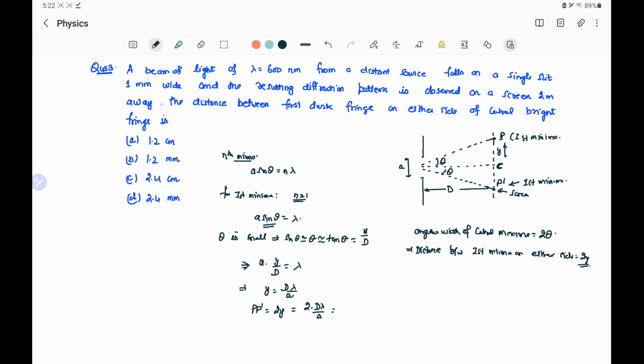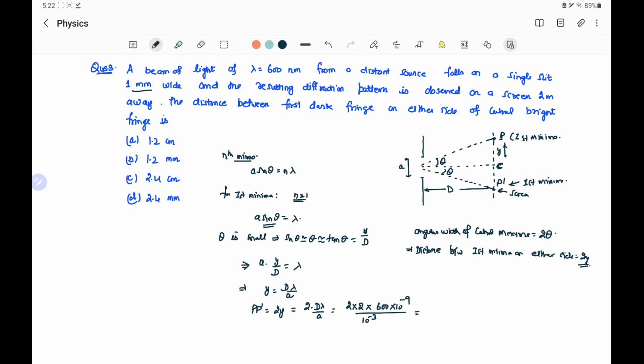Now putting in the numerical values: it is 2 into the distance, which is 2 meter. The answer we require is in centimeter or millimeter, but suppose we first put everything in meters. So it is 2 into capital D, which is 2 meter, into wavelength 600 nanometer, that is 600 into 10 to the power minus 9 meter, divided by A, the slit width, which is given as 1 millimeter, that is 10 raised to the power minus 3 meter.